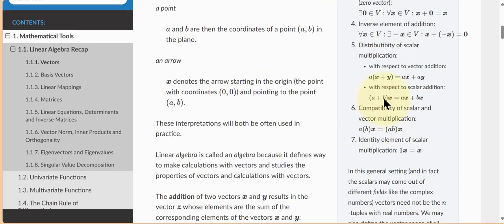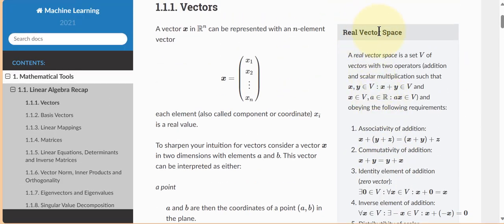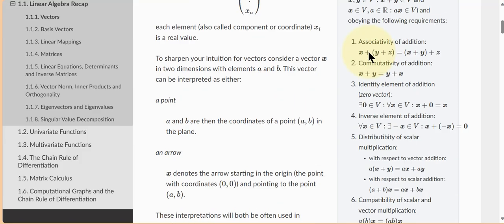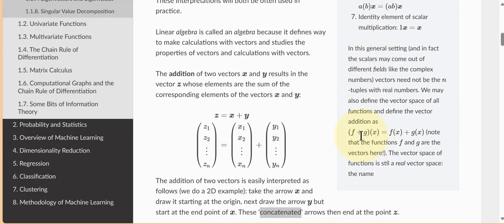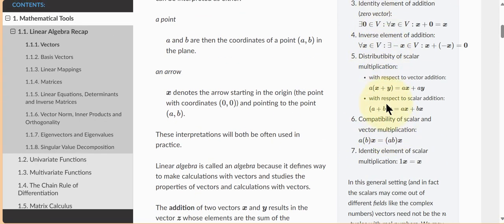This is a real vector space because these elements contain real numbers. But without the word real, we can also just talk about vector space more generally. They say, for example, that functions satisfy all of these properties.